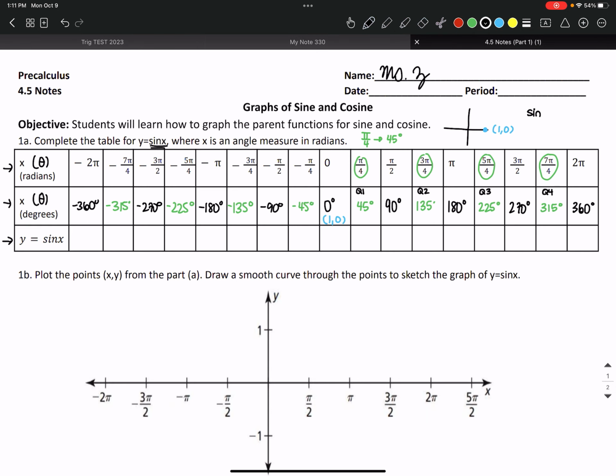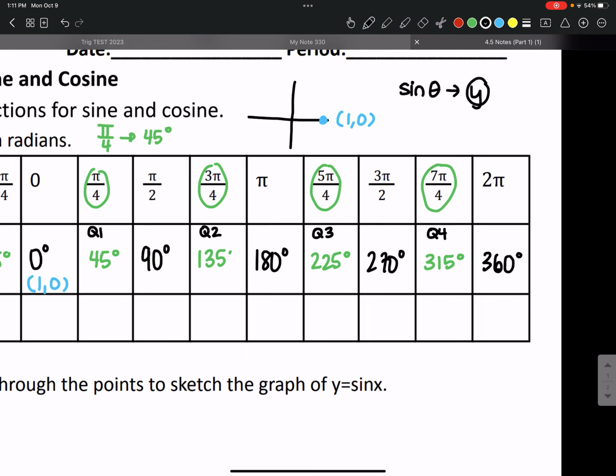My x is theta, so I'm thinking sine of x, but right now I'm just going to write theta so we don't get confused, and I know sine of theta is always my y value in the points that I'm looking at from the unit circle.